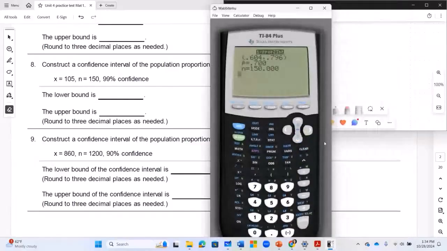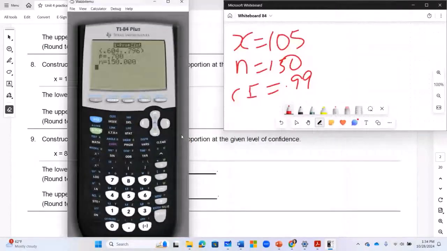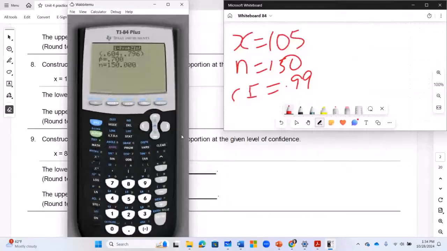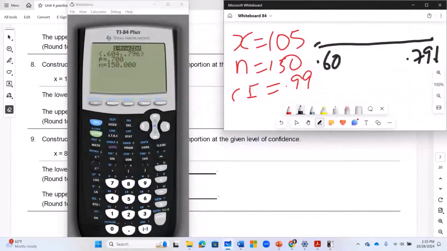So this time I'm going to find the upper bound and lower bound. The upper bound is 0.796. The lower bound is 0.604.